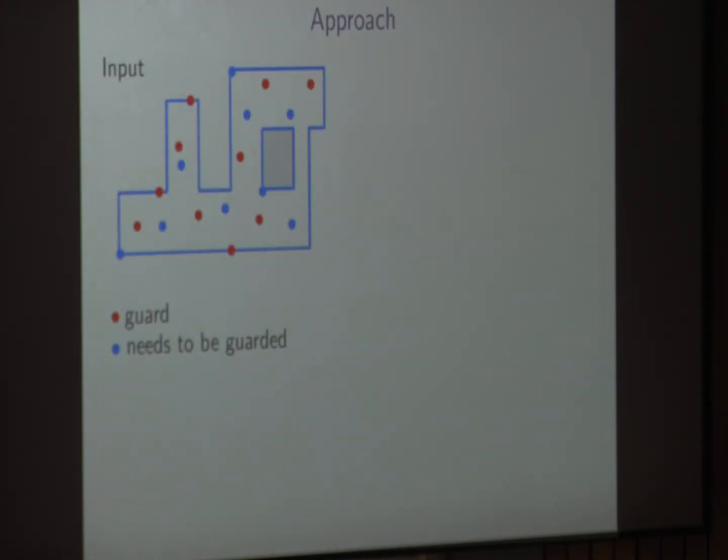Now, I first show you the approach, the outline, how we go to solve this problem, and then I'll show you a specific type of guardings and the way we did it. So you take the polygon, you have G and X here. Red points are G guards, blue points the points that need to be guarded. They can be an infinite set, not necessarily finite.